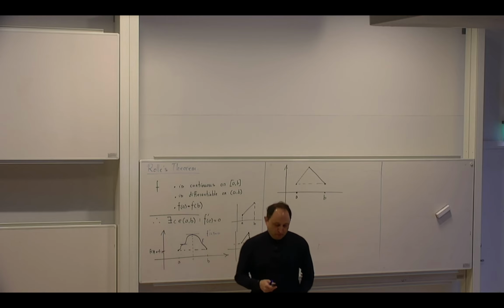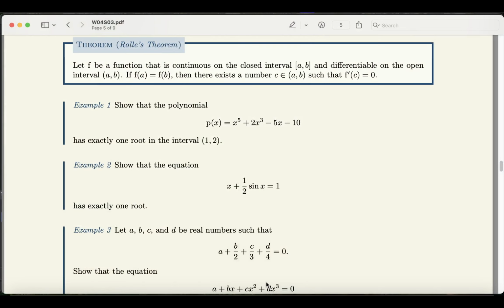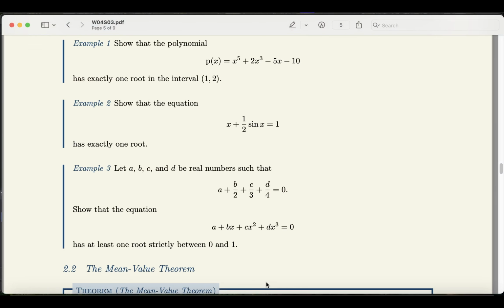Okay. So, for example, can you see example 1 now? The polynomial one? Yes, example 1 shows that the polynomial is given to be p of x equals x to the power of 5 plus 2x to the power 3 minus 5x minus 10.